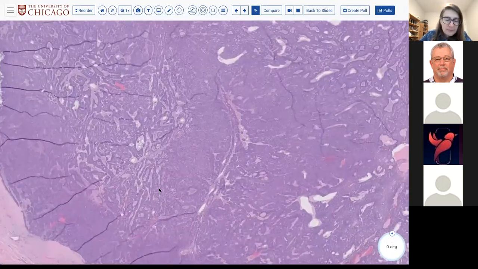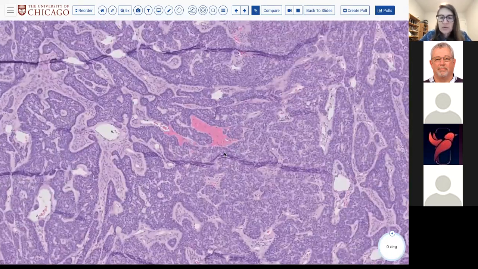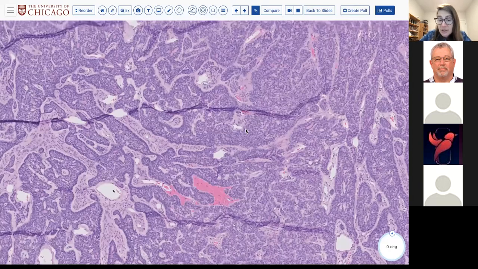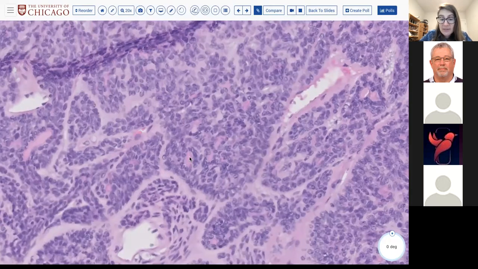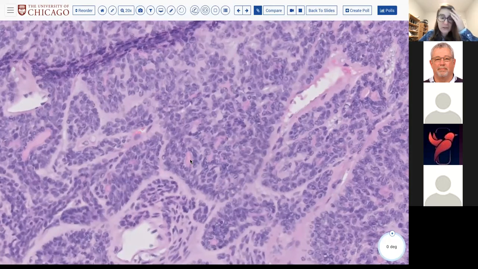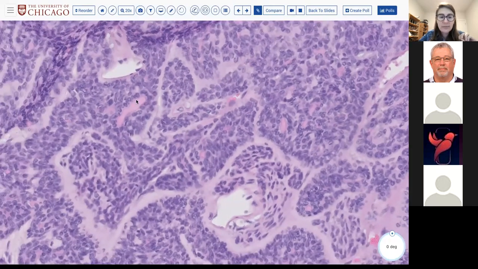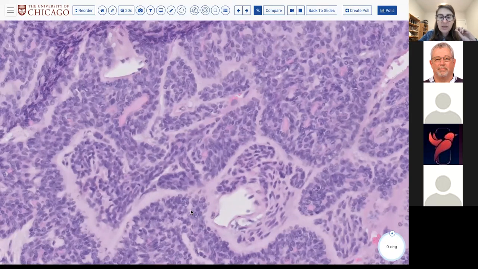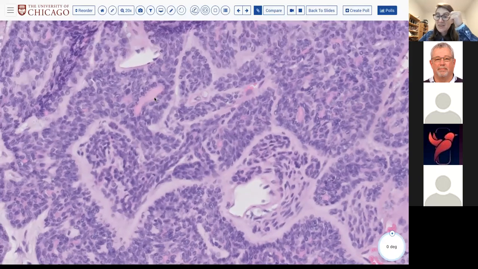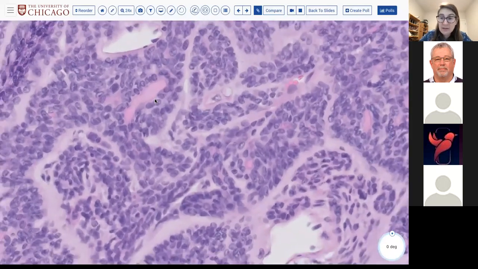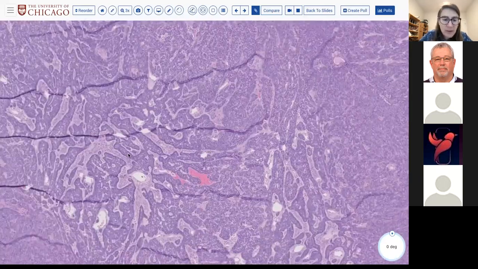And again, showing you that so-called tubulotrabecular architecture of a basal cell adenoma with very characteristic, very brightly eosinophilic hyaline stromal material. So these stromal bands can either occur between the nests or within the nests as little globules. So that's a good feature for basal cell adenoma.